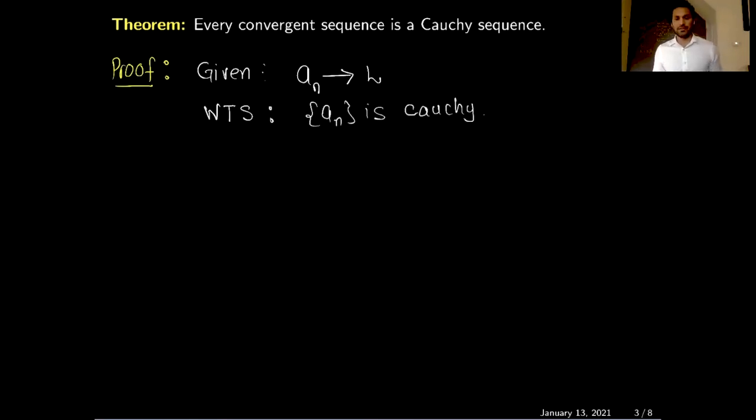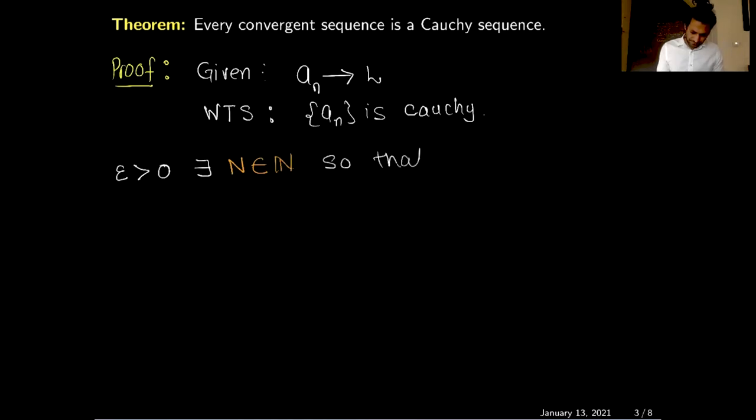And we will use the definition to prove that the sequence is Cauchy. First, I will take what is given. Since the sequence is convergent, I will use the definition: for epsilon positive, I can find a number N, which belongs to the set of natural numbers, so that an minus L is less than epsilon divided by 2.